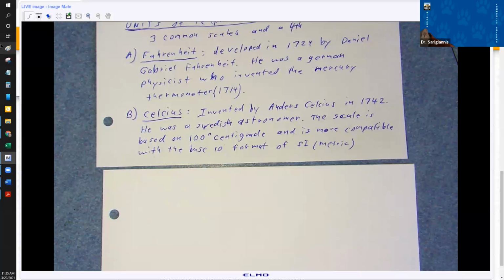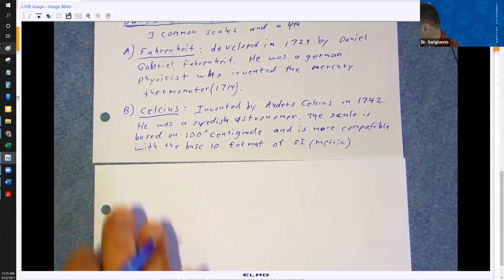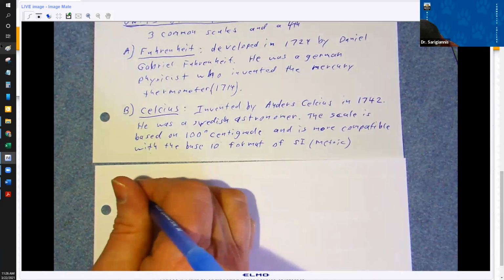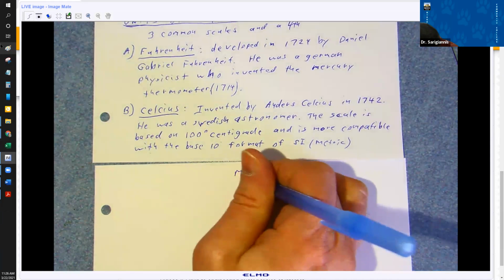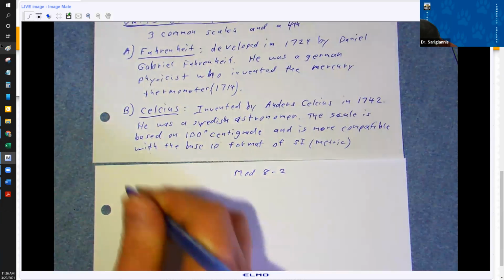Even outside of school, you may have turned on a radio station and happened to get one from Canada, and they're reporting the temperature in Celsius, and they're like, "Oh, it's 27." And you're like, "What? 27? What are you talking about? It's beautiful weather." Oh yeah, Celsius. Let's look at the temperature scales. Continued here. This is just my numbering system.